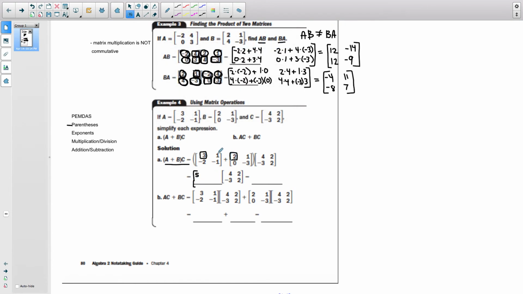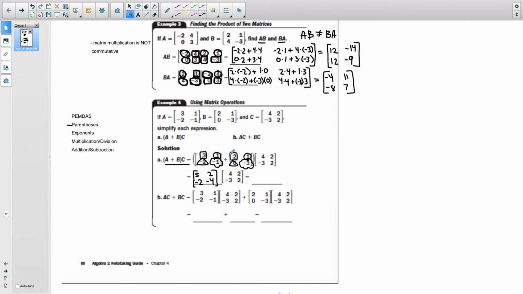And then I'm going to add 1 and 1. So 1 plus 1 will give me 2. And then negative 2 and 0 correspond. So negative 2 and 0 is negative 2. And negative 1 here matches with the negative 3. So negative 1 and negative 3 would give me negative 4.